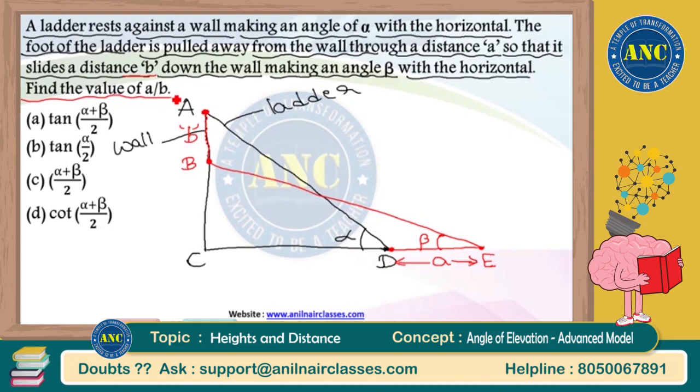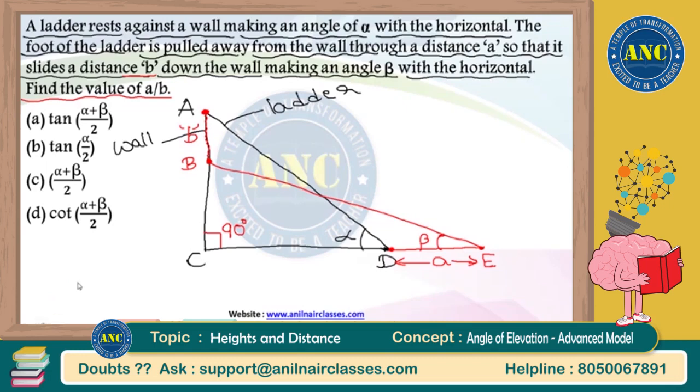Now, first of all, in this question, I cannot use my standard values like 30, 60, 90 because it is nowhere mentioned in the question as 30 degree, 60 degree or 45 degree. Only one angle I can make use of is 90 degree. Other angles are unknown angles in the question. So, I need to take those trigonometric functions into account, and then only I can solve this question. I hope you are able to understand.